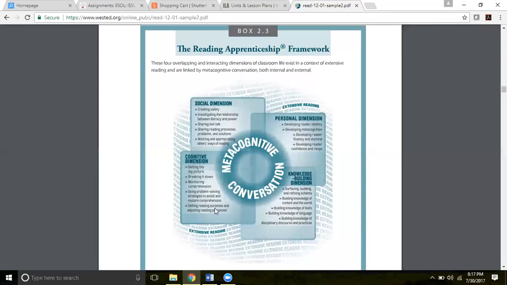It's then on to the cognitive dimension: getting the big picture, breaking it down, monitoring comprehension, using problem solving strategies to assist and restore comprehension, setting reading purposes and adjusting reading processes. Then the knowledge building dimension: surfacing, building, and reflecting schema, or what we already know, building knowledge of content and the world, building knowledge of text, building knowledge of language, building knowledge of disciplinary discourse and practices.